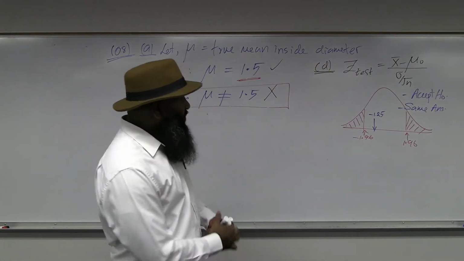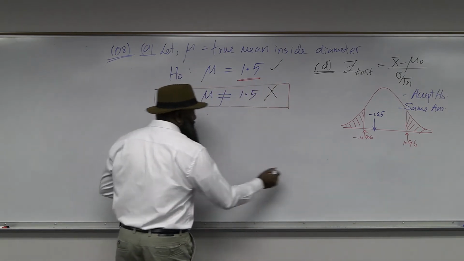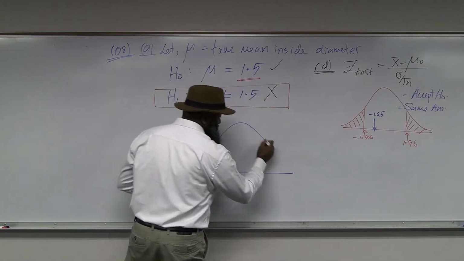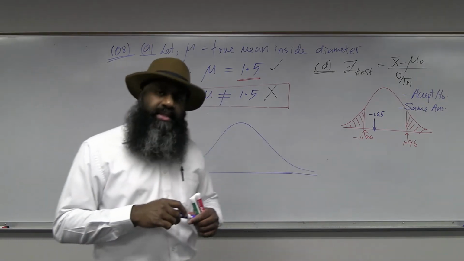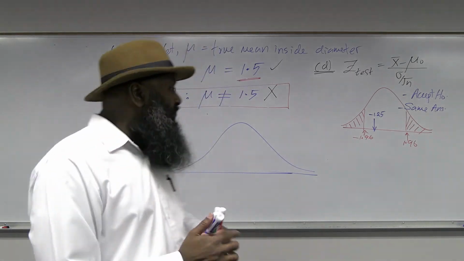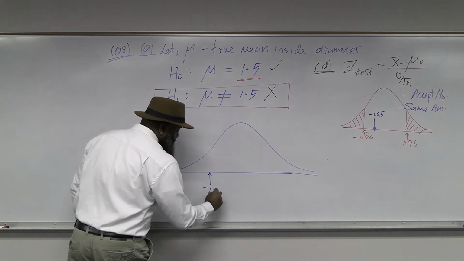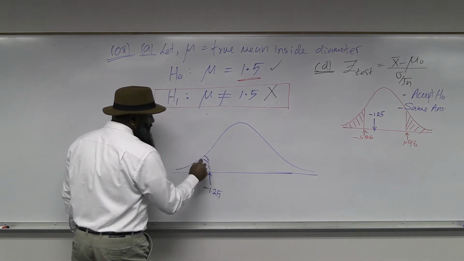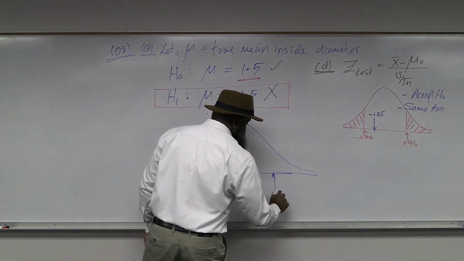The calculated test statistic is negative 1.25. And we define the p-value for a two-sided test as area to the left from the negative test statistic plus the area to the right from the positive test statistic. So area to the left from negative 1.25 is this, and area to the right from positive 1.25 is the other half.